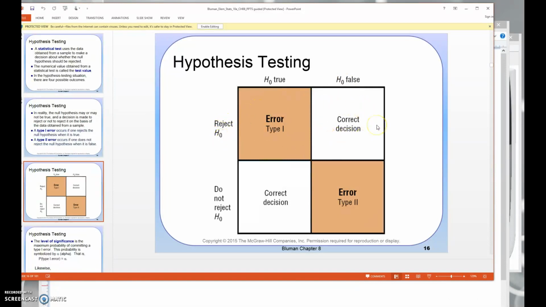That's a correct decision. Likewise, if the null hypothesis is true, and we do not reject that null hypothesis, then it's a correct decision. And here's type 2 error. We have a false null hypothesis and we do not reject it. That's a type 2 error.